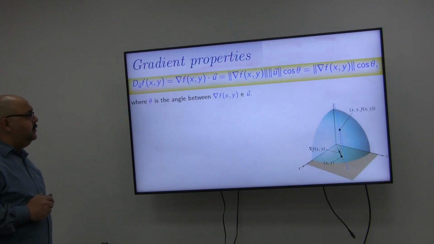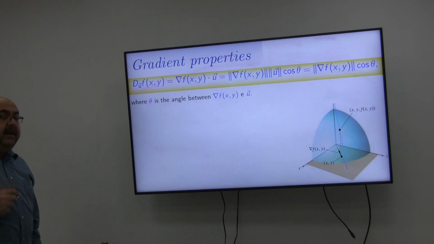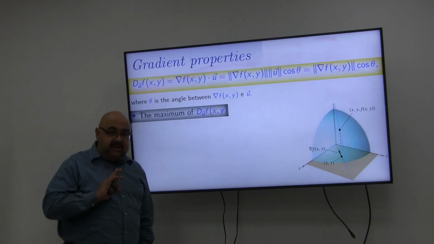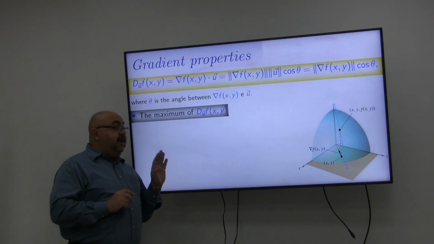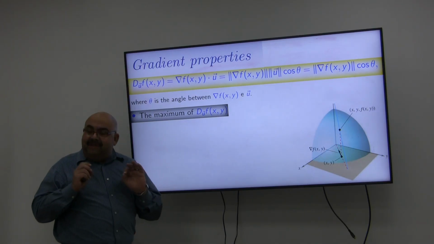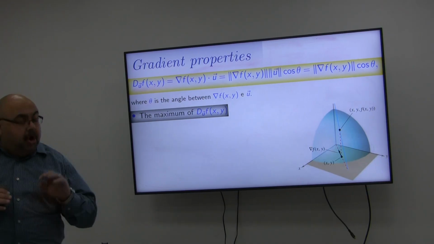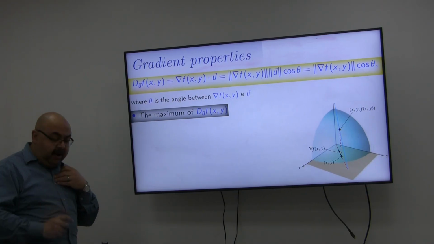Putting this in mind, it will help me to evaluate the maximum direction. It's going to be the directional derivative, but the vector that I'm using is the normalization of the gradient vector of my function.